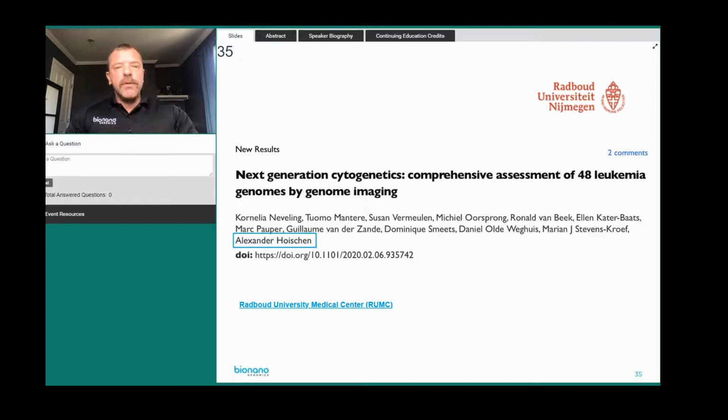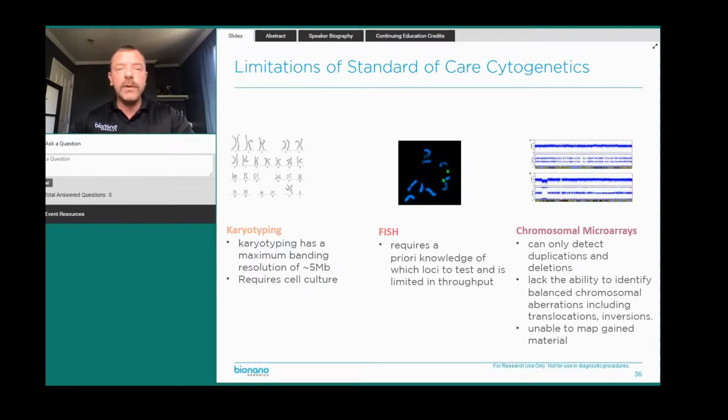Another study that just came out in bioRxiv is of great interest to us. This is from a team at the Radboud University in Nijmegen in the Netherlands, and they've always been at the forefront of bringing new technology into the clinic. And that's what they're doing here by comparing our genome imaging technology with standard cytogenetics. Standard cytogenetics is karyotyping, as we've shown before.